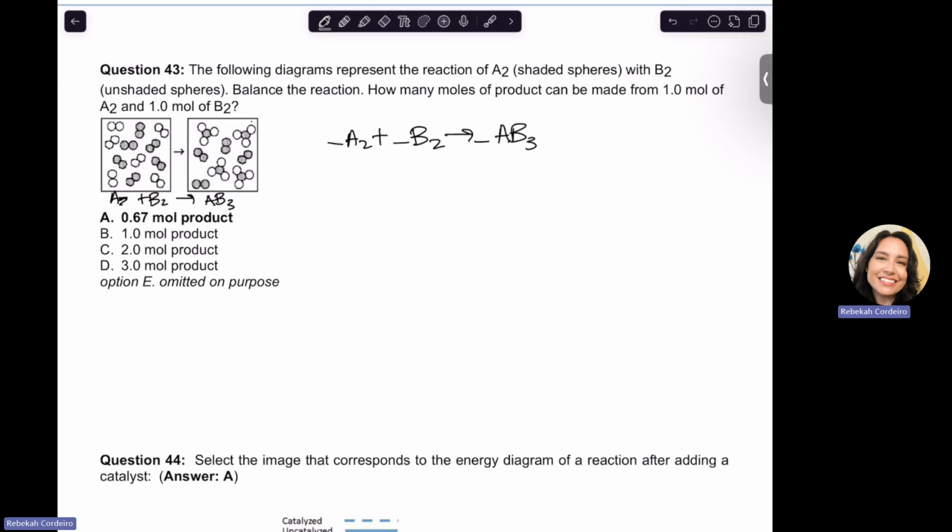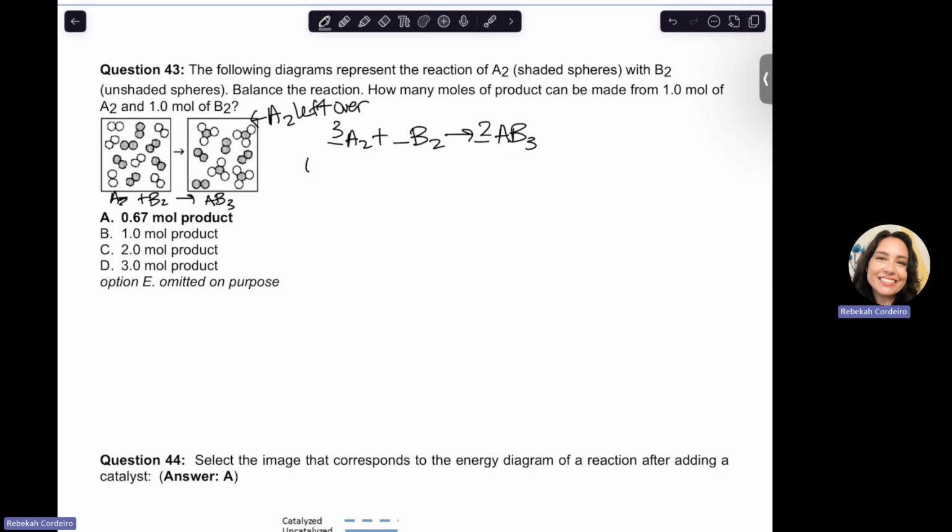Now in the box, A2 is left over. So shaded spheres are A2. That's not a product, but sometimes we have reactant left over, which means we can know what our limiting reactant is. So if we want to balance this, we would need to do this.